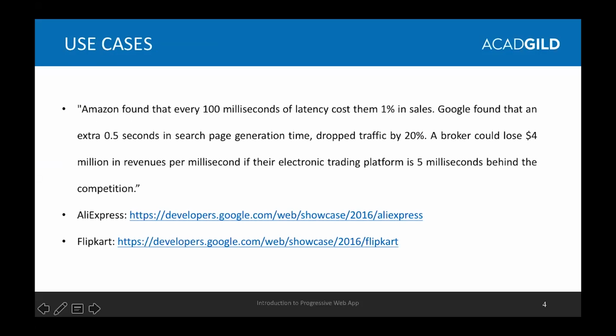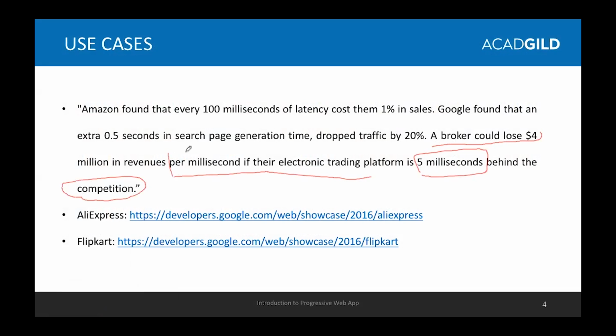Now, this is another estimate by Google, which shows how much a broker could lose per millisecond if the electronic trading platform is delayed by 5 milliseconds behind the competition.